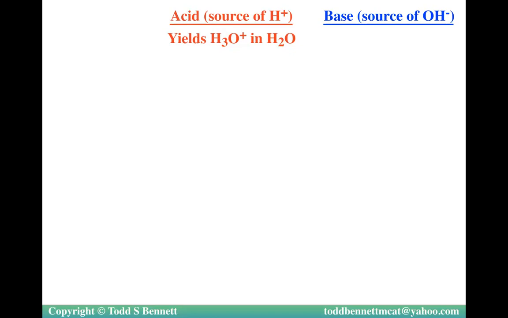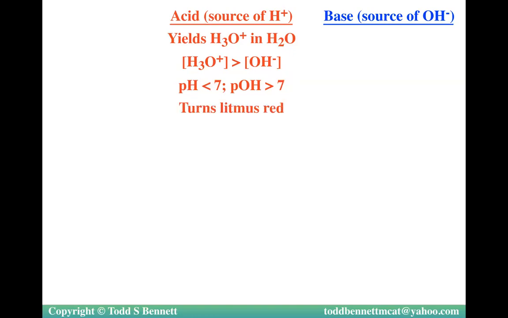But in this case, because we've added an acid, the equilibrium gets shifted, and you have excess H3O plus. So your H3O plus concentration is greater than hydroxide, and because H3O plus is now greater than 10 to the minus 7, the pH drops to below 7. And because pH and pOH add to 14 at 25 degrees, if the pH is less than 7, the pOH must be greater than 7.